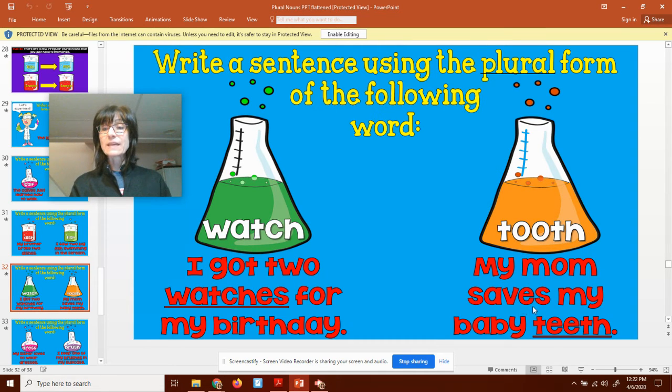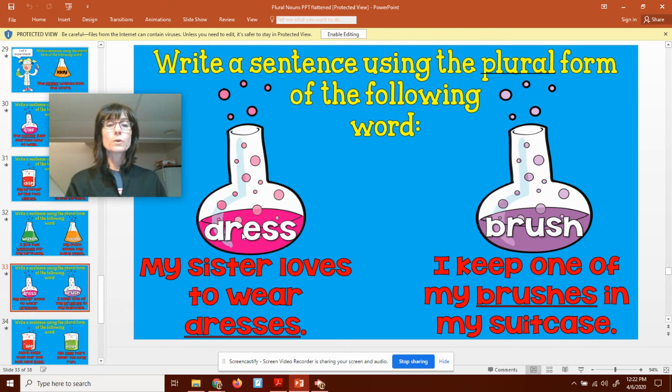My mom saves my baby teeth. A tooth becomes teeth. The word dress. My sister loves to wear dresses. She's got SS, so I need to add just simply ES to that particular word. The same will apply to brush.